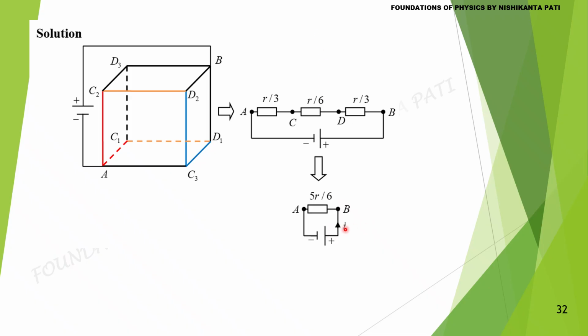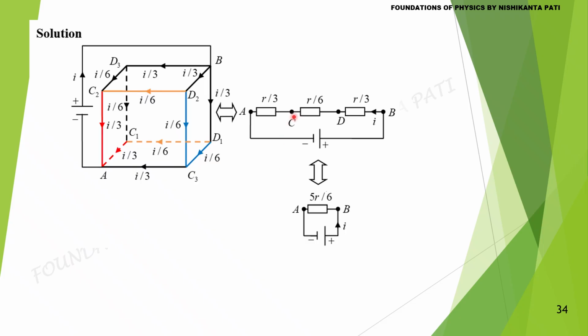Let current I flow. This I flows in this path. Since this is 3 resistors in parallel, through each resistor current is I by 3. Since 6 resistors are in parallel, through each resistor current is I by 6. Since current I is flowing C2A, so C2A I by 3, each.